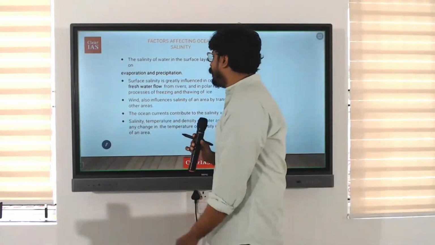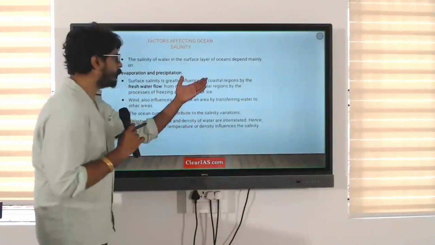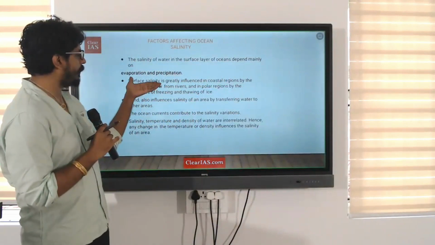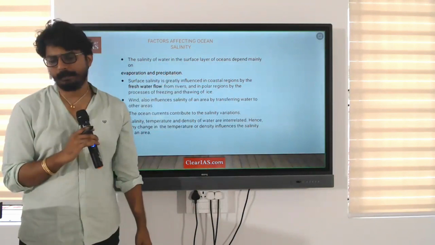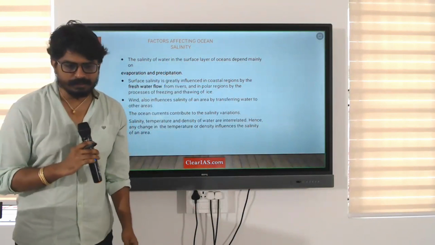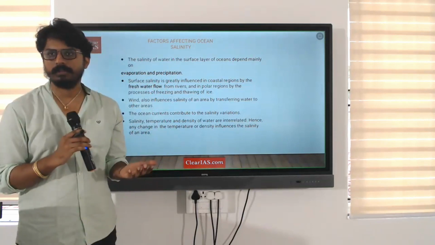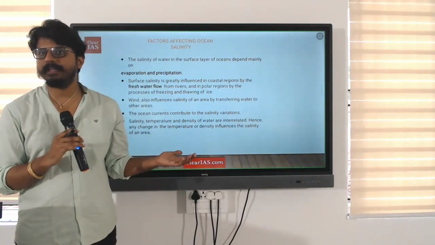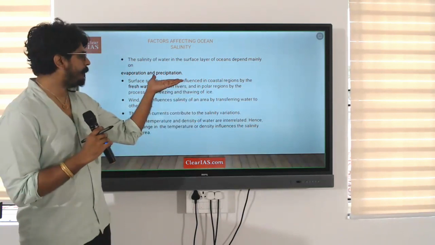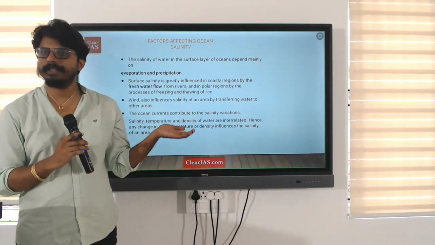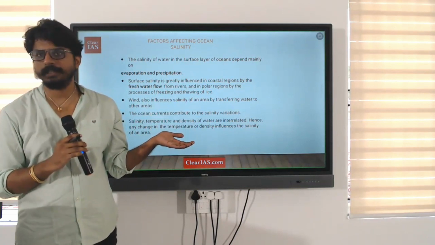The salinity of water in the surface layer of the ocean depends mainly on evaporation and precipitation. As we just discussed, if the evaporation is more, the salinity will increase. If the precipitation is more, the salinity will decrease. Very good. Clear?